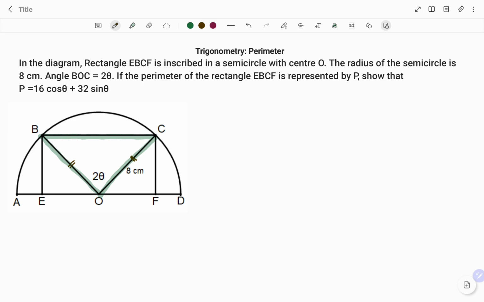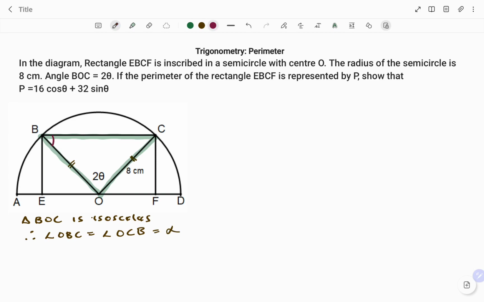So stating that quickly, I have triangle BOC is isosceles. Therefore, base angles of an isosceles triangle are equal, so angle OBC is equal to angle OCB. I'm going to call that alpha.